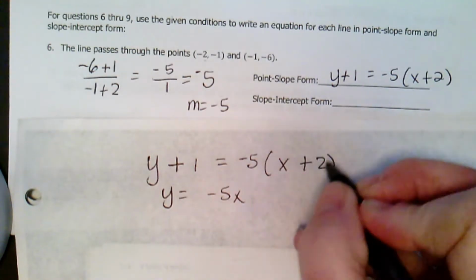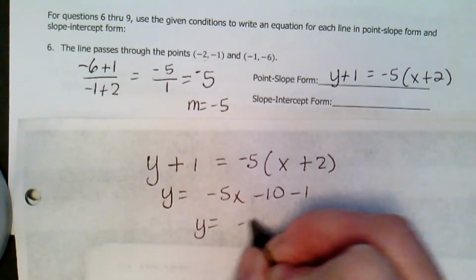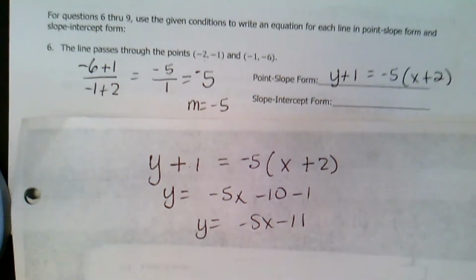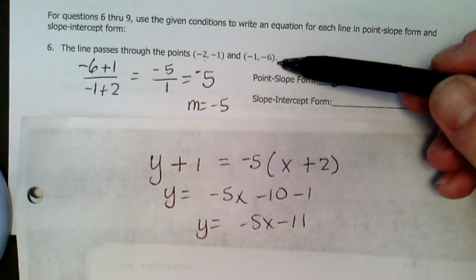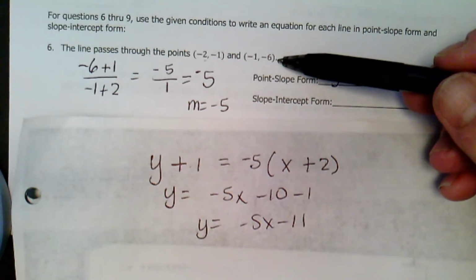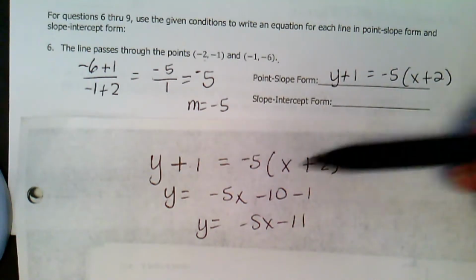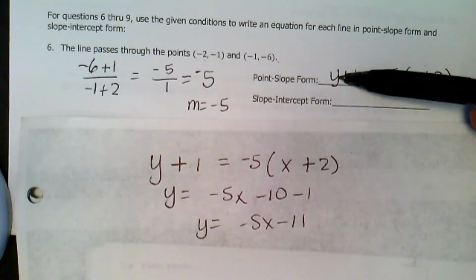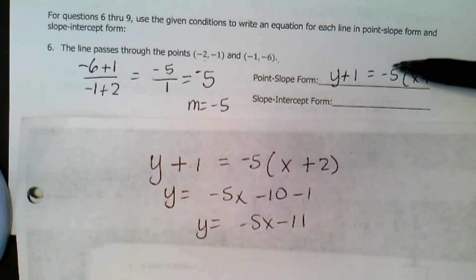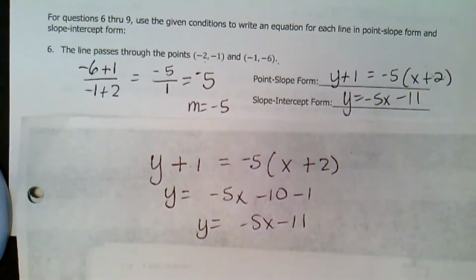So first I distribute, then bring my 1 over. Now if you chose the second point for your equation, this would look slightly different. It would say y plus 6 equals -5x plus 1, but you should still get the same slope intercept form.